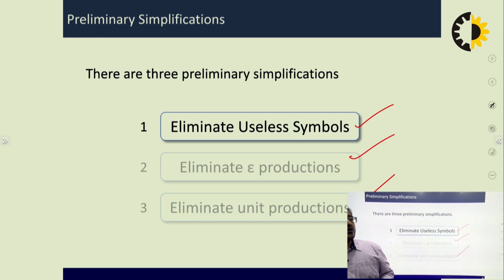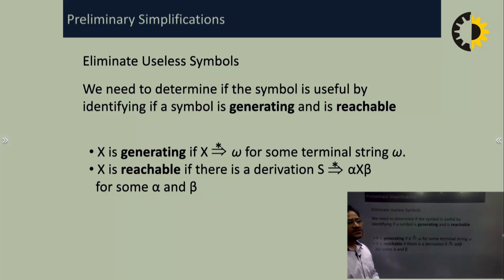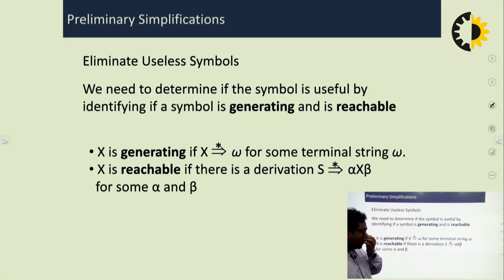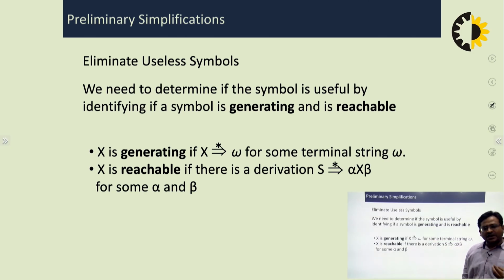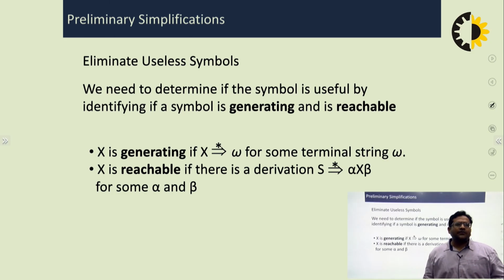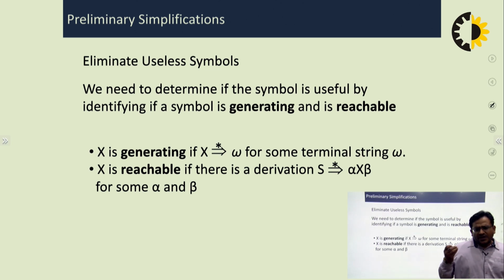First of all, we discuss eliminating useless symbols. What is the meaning of eliminate the useless symbol? That symbol or production which does not generate any terminal values, or we can say non-generating symbols, has to be removed from the grammar. Obviously, if a symbol is not able to generate any kind of string, what is the use of that symbol in our grammar?